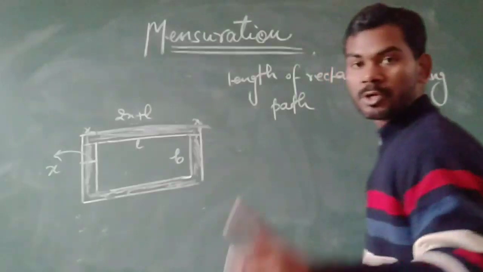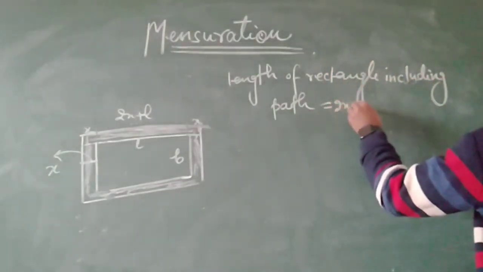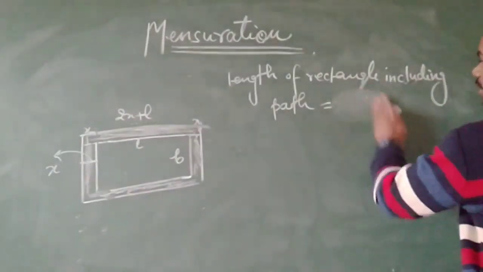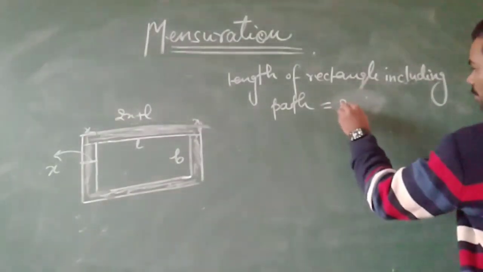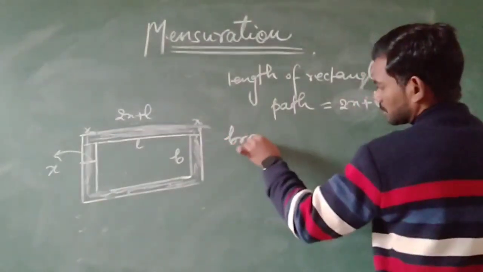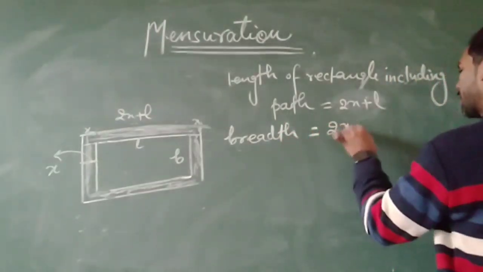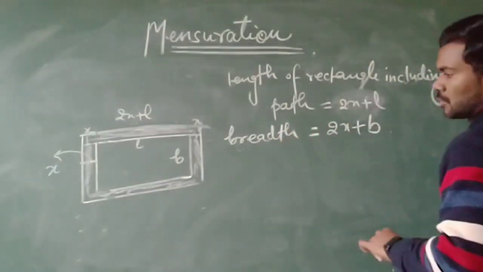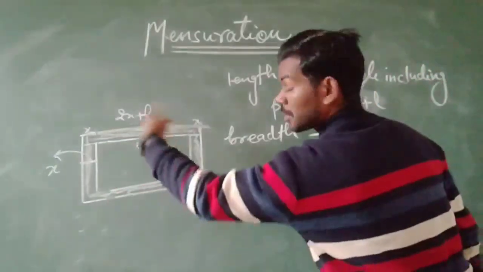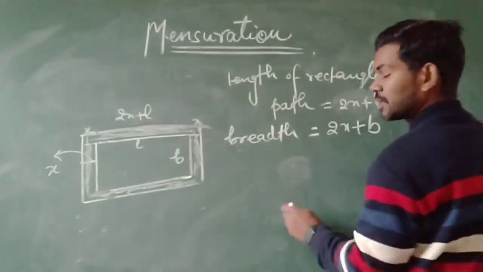Therefore the length becomes 2x plus L. Similarly, breadth becomes 2x plus B.